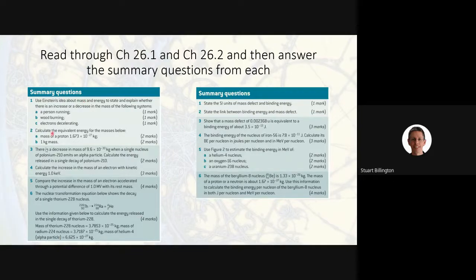26.1, the summary questions have a leaning towards E equals mc squared, and make sure that you can convert between the units, joules to kilograms, kilograms to joules. And then what we've got on 26.2 are practice binding energy calculations to make sure that you can come up with that graph for yourself if you needed to.